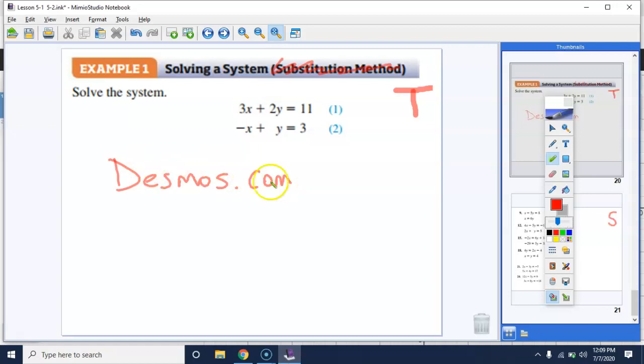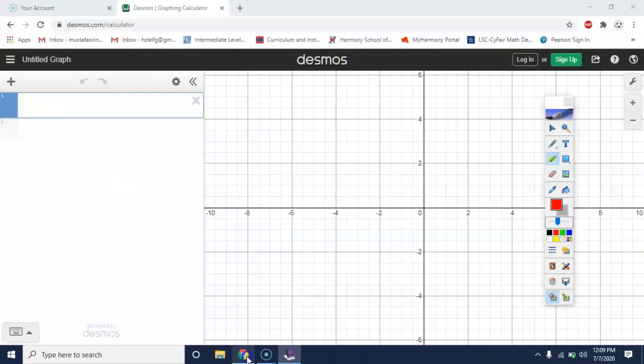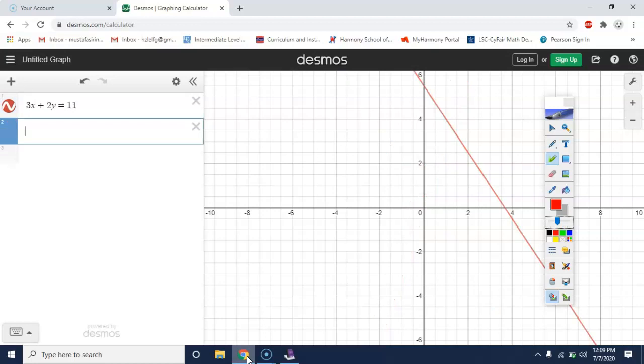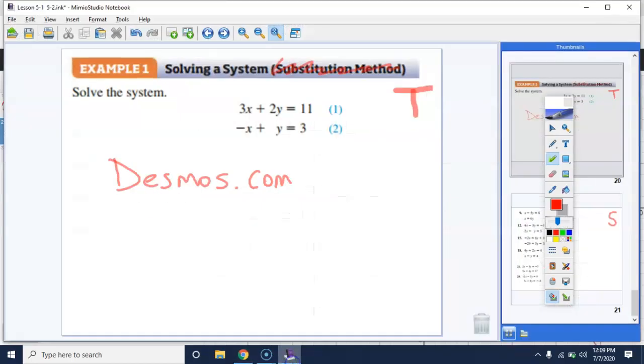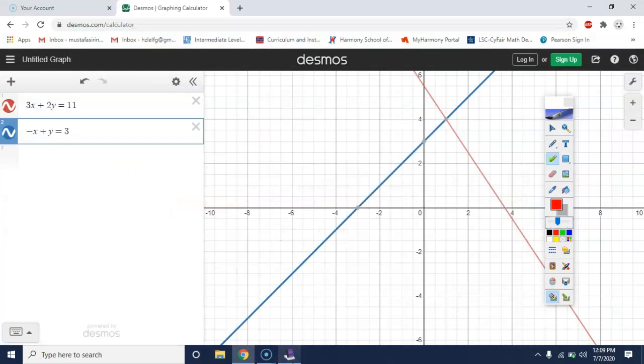My first one is 3x plus 2y equals 11. Let's just type 3x plus 2y equals 11. That's my first one. Second one is negative x plus y equals 3. We're going to just graph. As you've seen, I got my graphs.